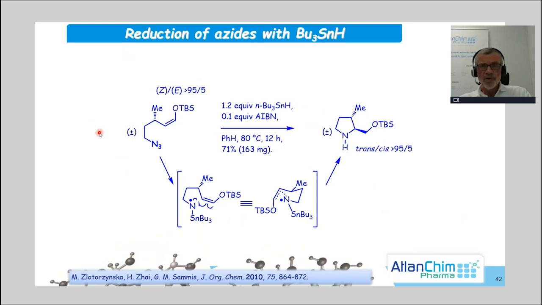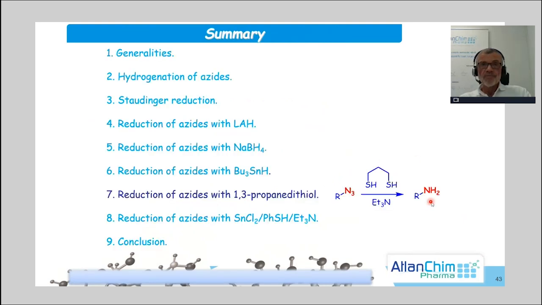In this example, free radical reduction of the azide function led to this nitrogen-centered radical here, which cyclizes onto this silylated enol ether Z to give the corresponding pyrroline here in good yield and with an excellent diastereoselectivity, as you can see here.